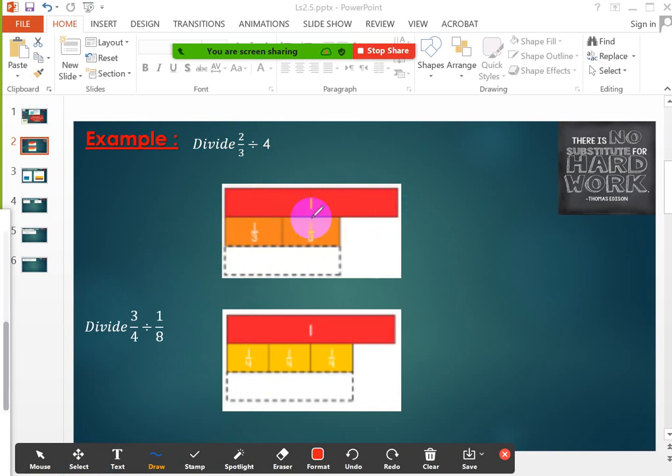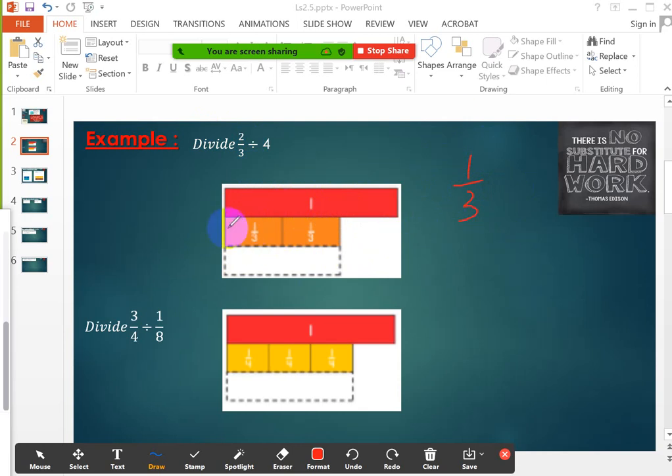This is the first one, this is the second one, this is the last one. So this is the space that represents 2/3. That means 2 of the unit fraction 1/3. This is the unit fraction.